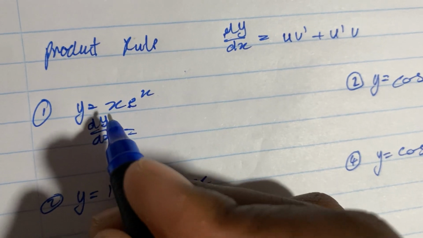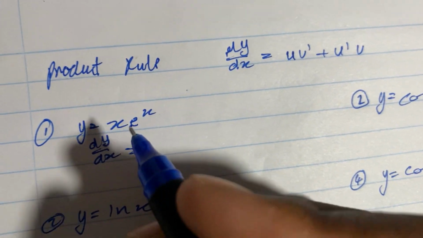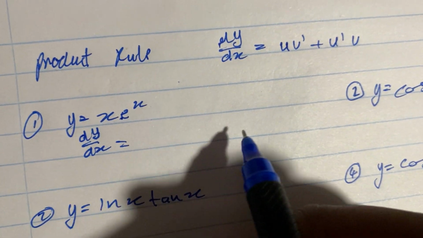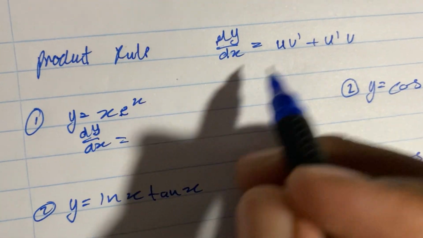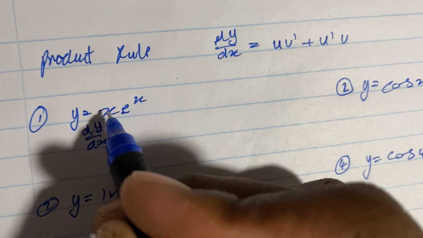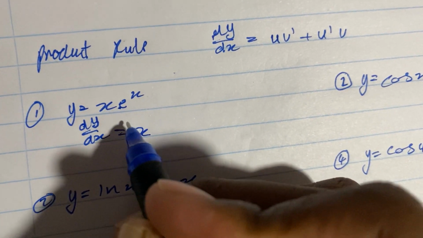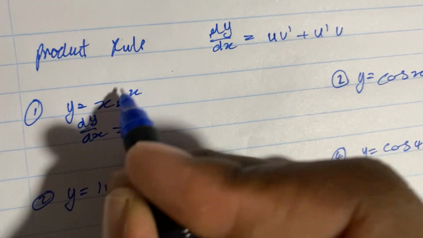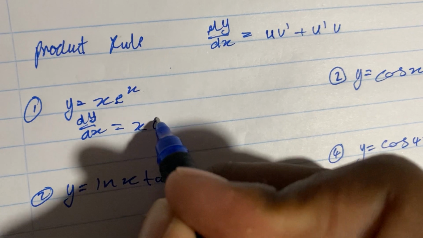Now we know this is u and v, and we can find them quickly. I'm not going to write them down in this case, I'm just going to substitute into that equation. So we write the u the way it is, times v prime, which is e to the power of x. If you derive e to the power of x, it just gives you e to the power of x.